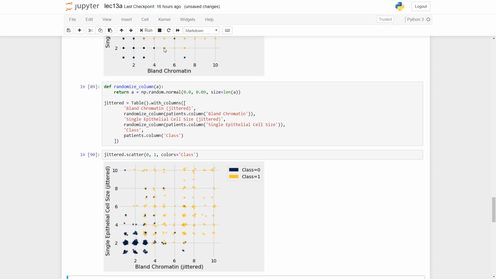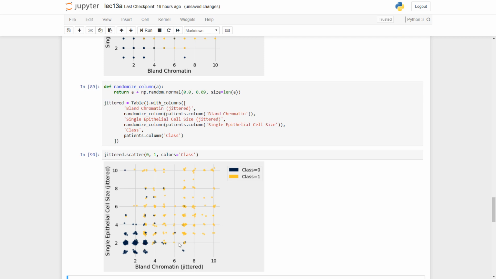Now of course this is different from what we saw before. Here, for example, there are multiple points, there are multiple points here, and so on. Instead of just one point that is overlapped with other points, we see a cluster or a group of points that shows us how many points we have here.